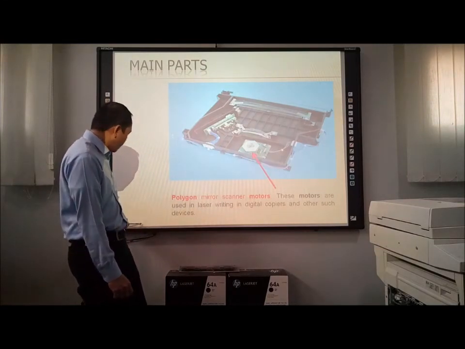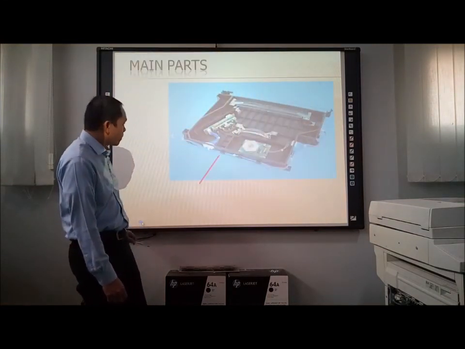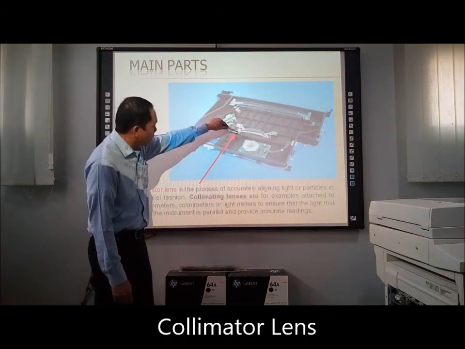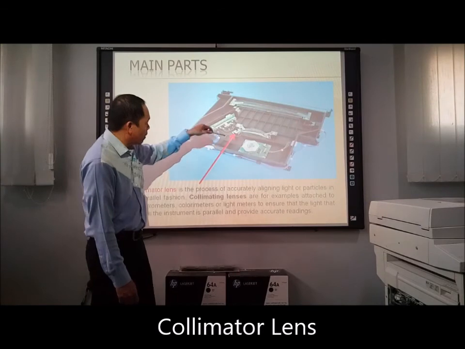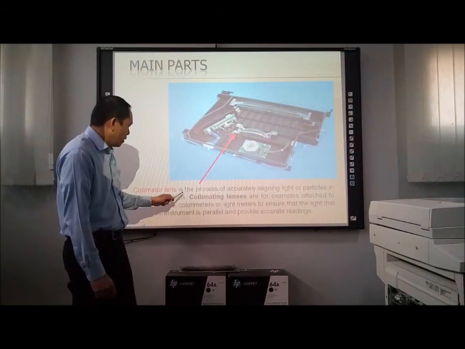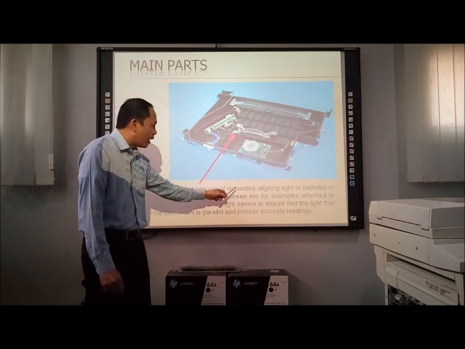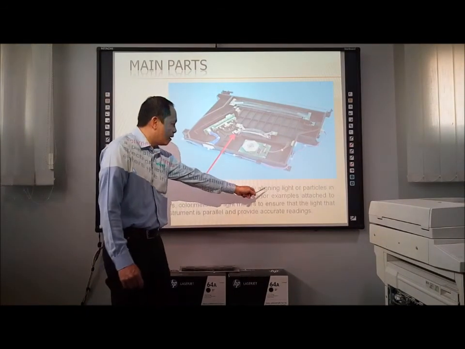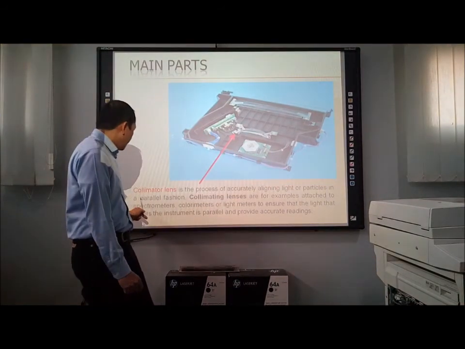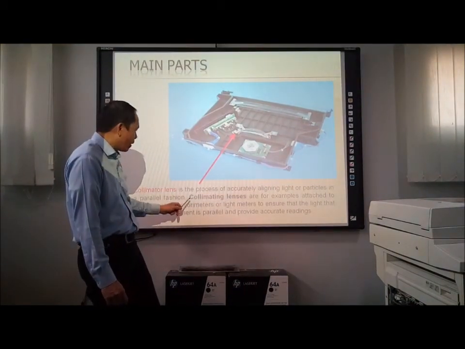Next is the small lens. The small lens here is called the Collimator Lens. Collimating is the process of accurately aligning light or particles in a parallel fashion.